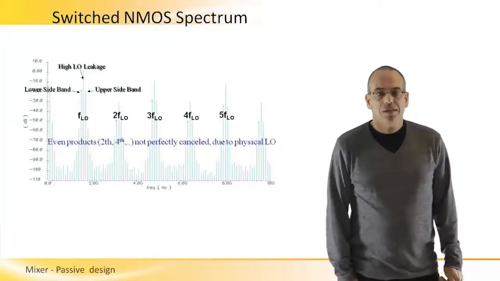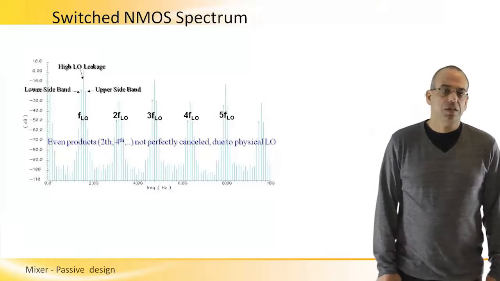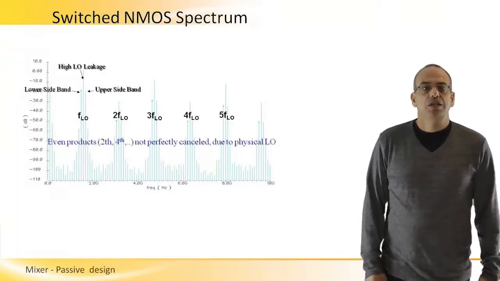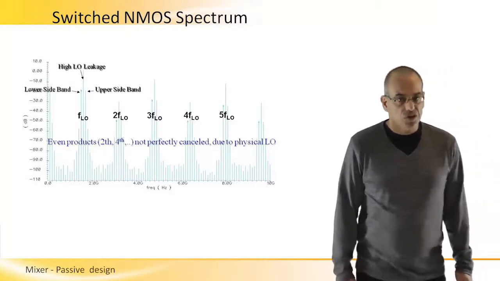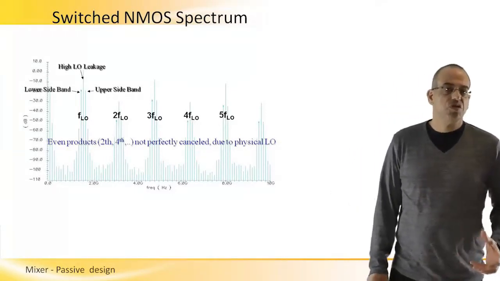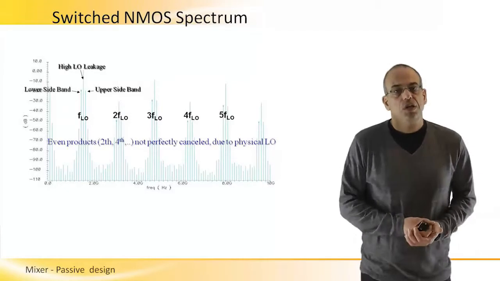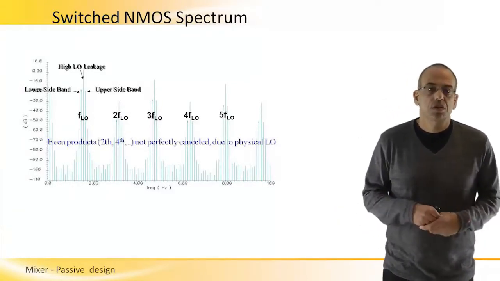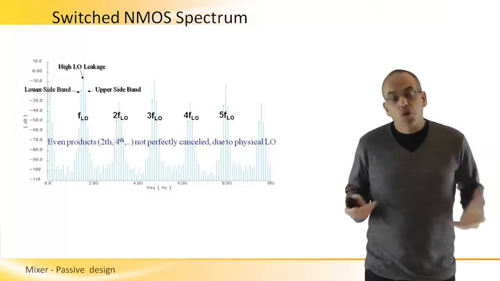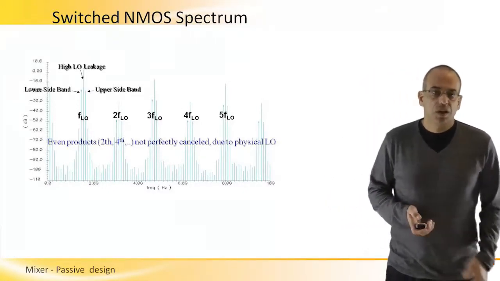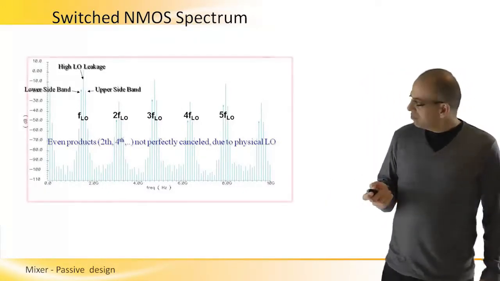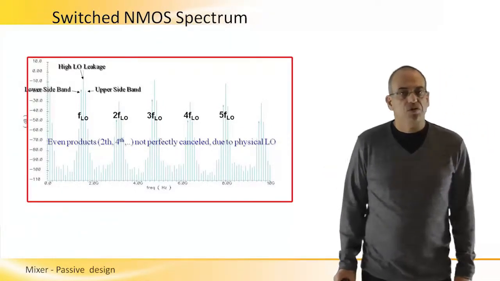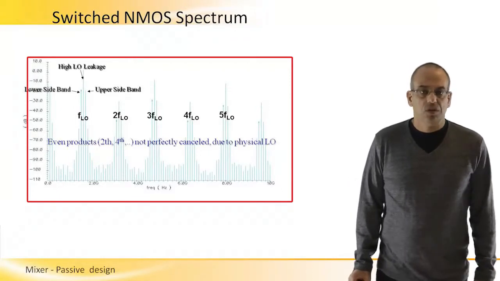In this slide, we can see the spectrum of a switched NMOS transistor. So this is a real transistor, not an ideal switch, being switched by a more physical LO. Let's check the spectrum behavior of this transistor.